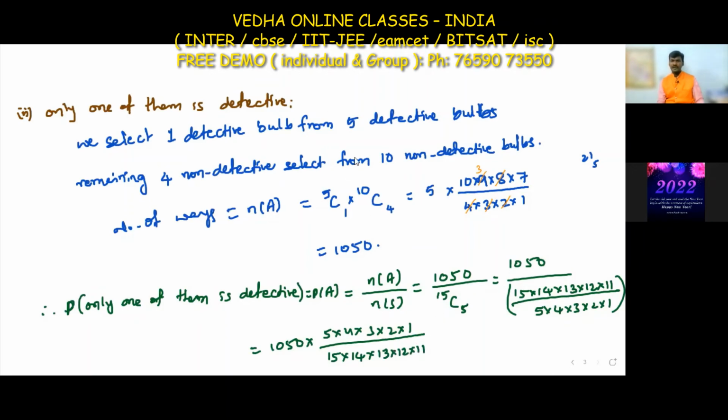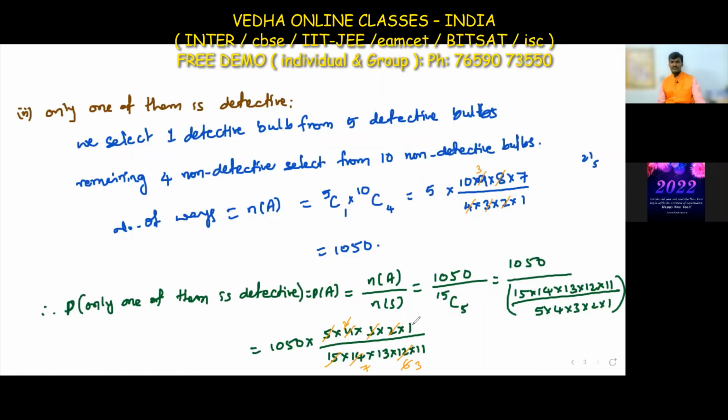Now what we can do: 5 into 3 is 15, 15 cancel. 2 one time and 2 six times, and 2 two times, 2 three times. So 2 one time, 2 seven times.